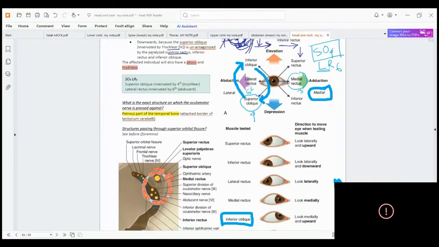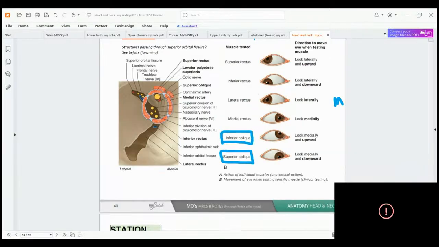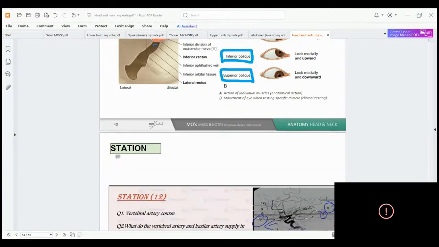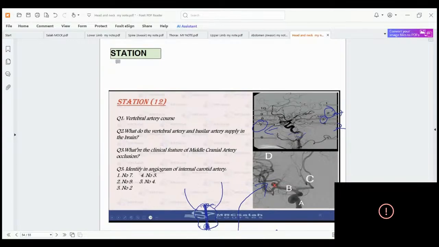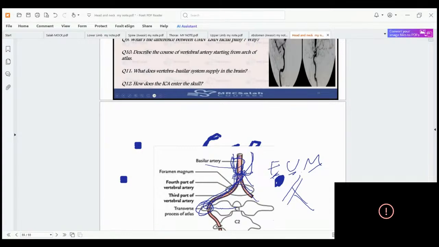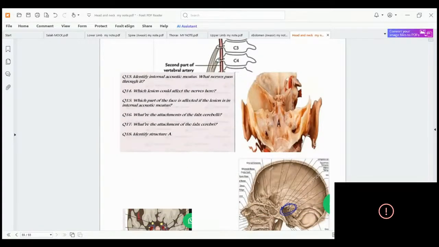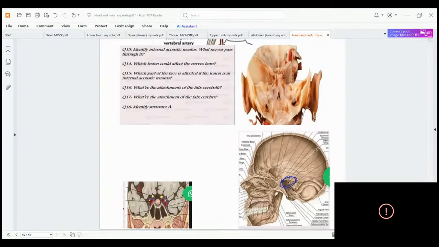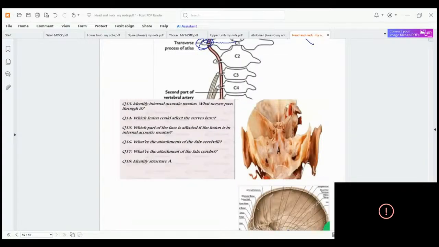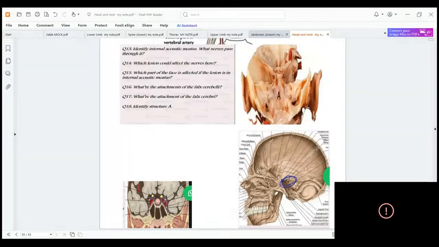Thanks. Same picture. I think we are done. Okay, then abdomen.